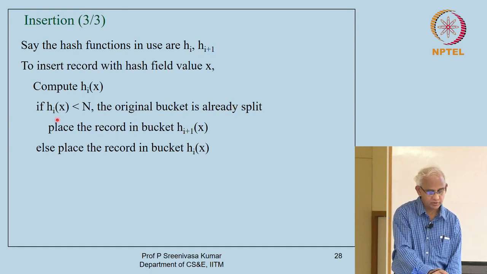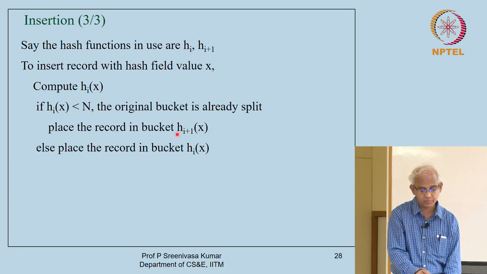So, what we need to do is place the record in the bucket that is given by h_{i+1}(x). Apply h_{i+1} to the field value, and then you will get a bucket number. This will be either the original k or its split image m' plus k, and then place the record there.